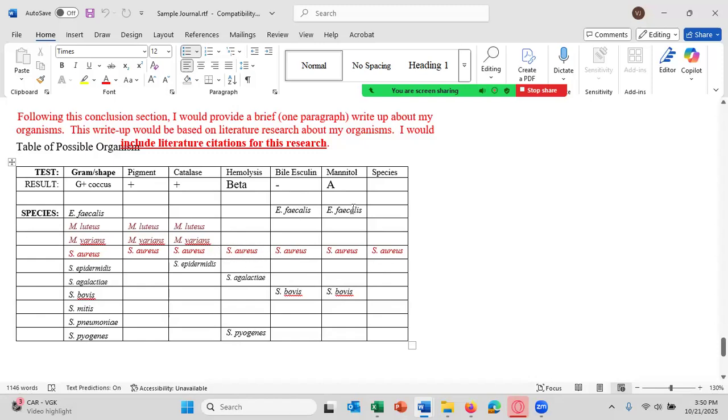And this person has done 2 confirmation tests. If you were to do that, you get a penalty because you can only do 1 confirmation test. And that's the species he's identified. I'm not sure why he did this one because it looks like he got the same results as bile esculin. So this test didn't even help him.